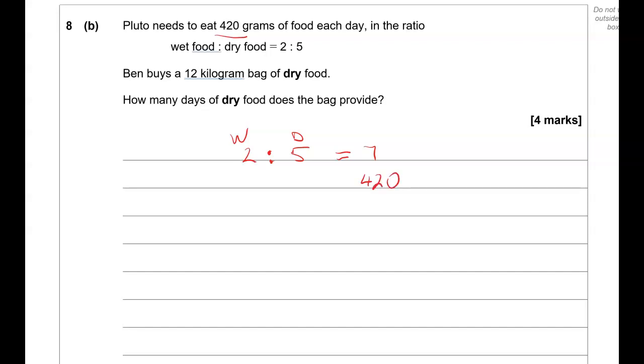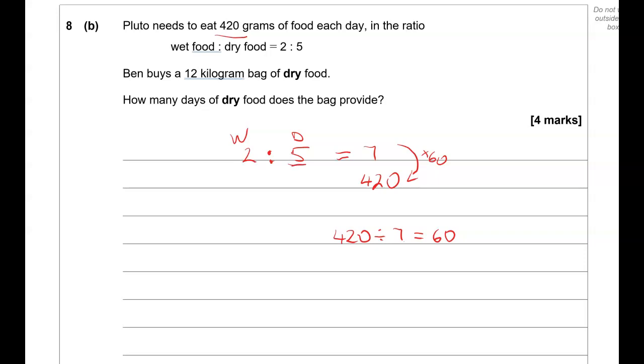So if I do 420 divided by 7, which is 60, that tells us how many times 7 goes into 420. So 7 times 60 gives us 420. So we're interested in the dry food.